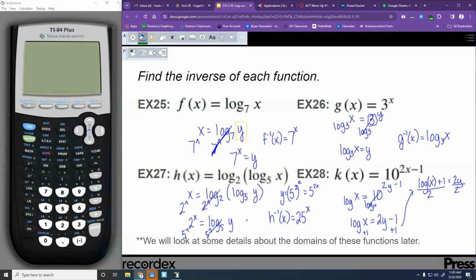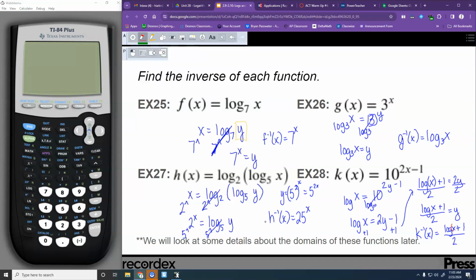So I will get log of x plus 1 over 2 equals y. So if I want to write that with inverse notation, k inverse of x would be log x plus 1 over 2.